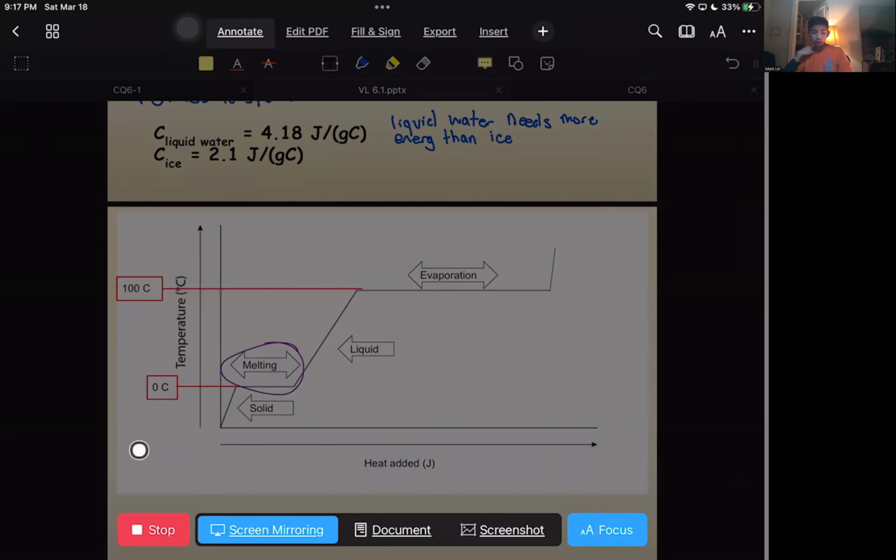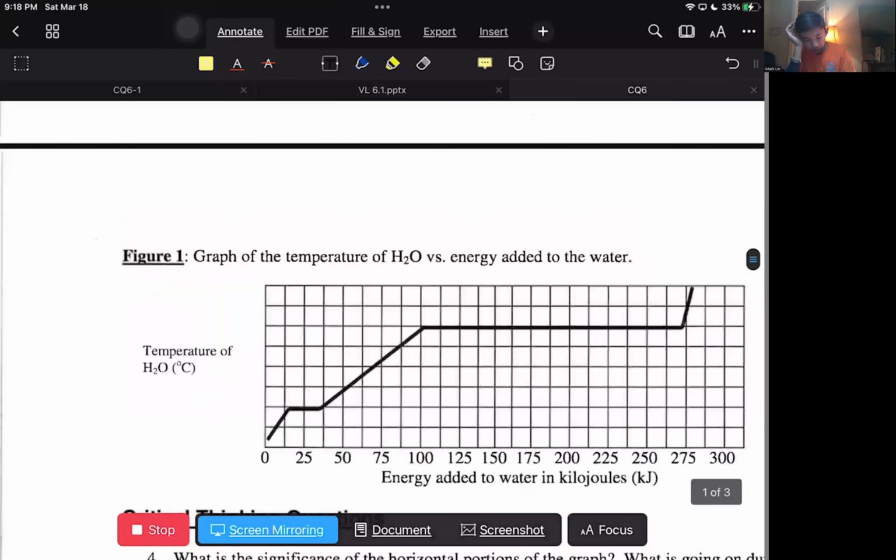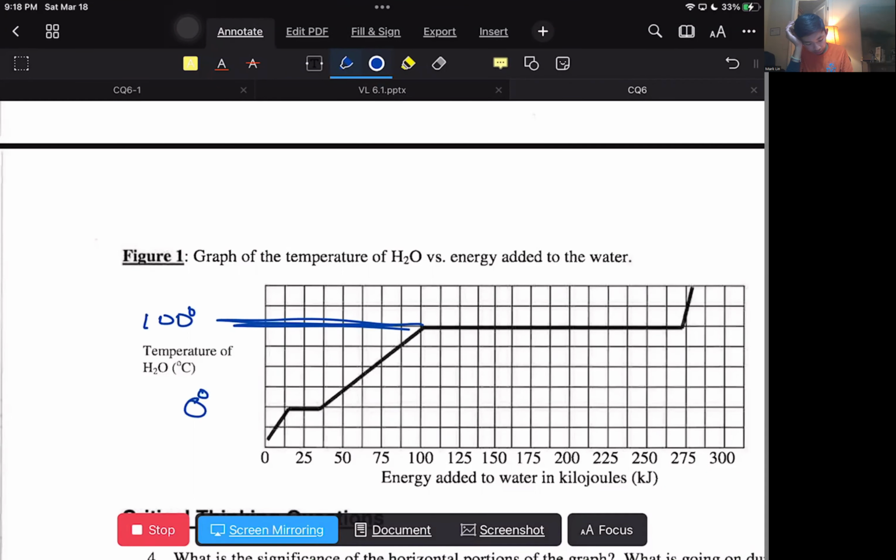This makes sense because this lower portion is melting, and for water to melt, it has to pass 0 degrees Celsius, and for it to evaporate, it has to go through 100 degrees Celsius right here. So 100 degrees and then 0 degrees.